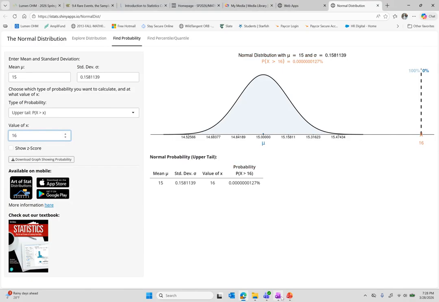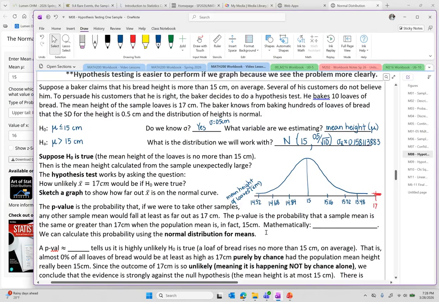So the question therefore is, how unlikely would a mean of 17 centimeters over 10 loaves of bread or more extreme be if the null hypothesis were true? And the probability of this occurring, so this is the p-value here, of actually having a sample of 10 loaves having a mean of 17 or more, is approximately 0.